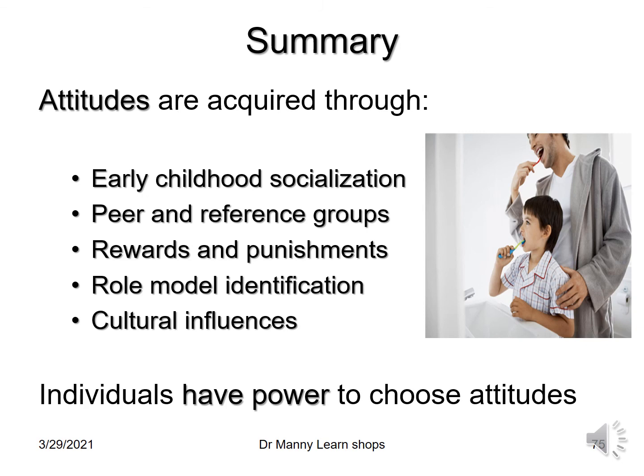So in summary, attitudes are acquired through early childhood socialization, peer and reference groups, rewards and punishment, absolutely role model identification, and cultural influences. Individuals, you have got the power to choose your attitudes.